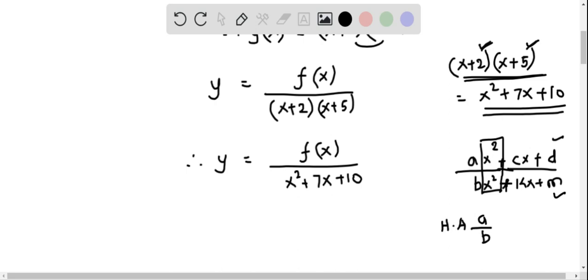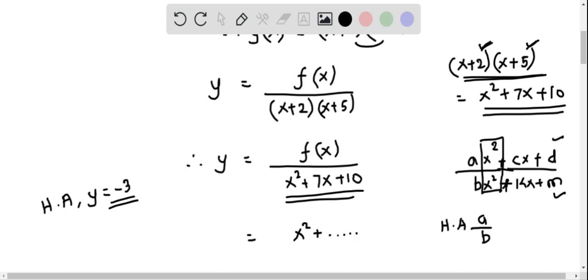So likewise, we are already given that the horizontal asymptote is y equals -3, and this means the degree of the polynomial has to be x squared, because in the denominator we have x squared. So let's put x squared, and we can put any other term here, and the denominator is x squared plus 7x plus 10.